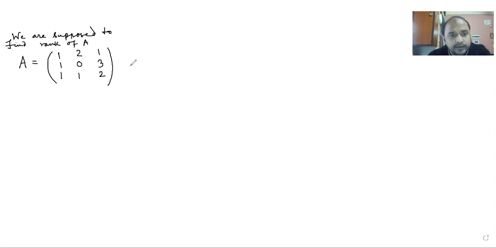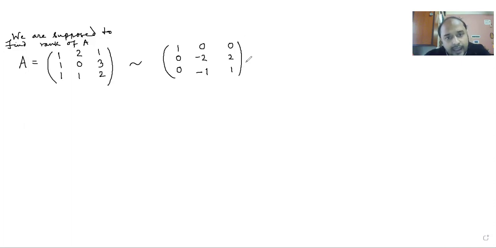So what we did, we transformed the matrix. What is written in the book is that it transforms the matrix A into this form: 1, 0, 0, 0, minus 2, minus 1, 0, 2, and 1.